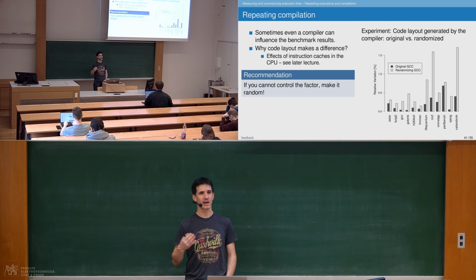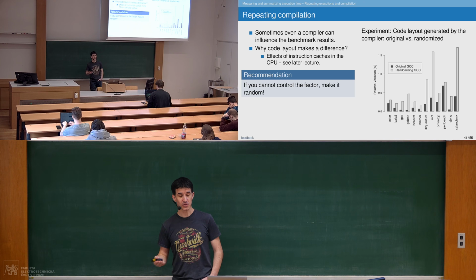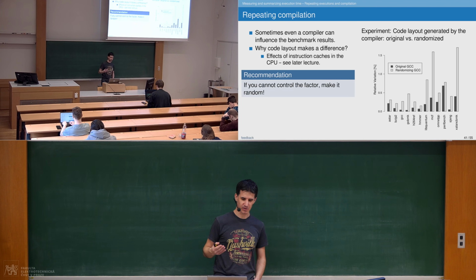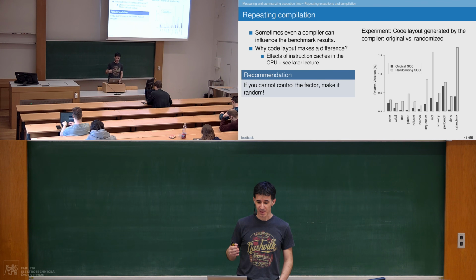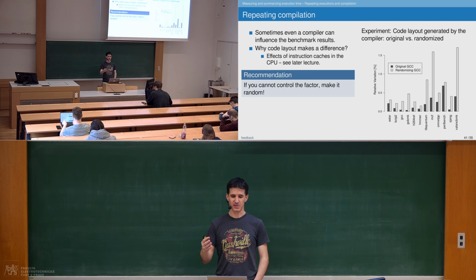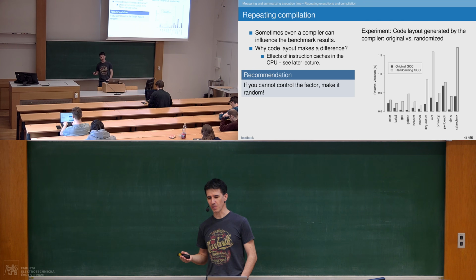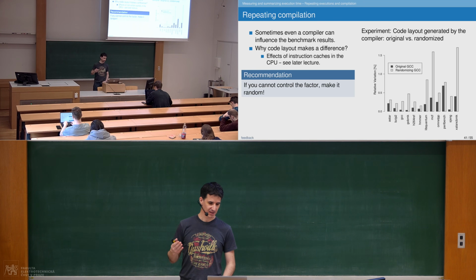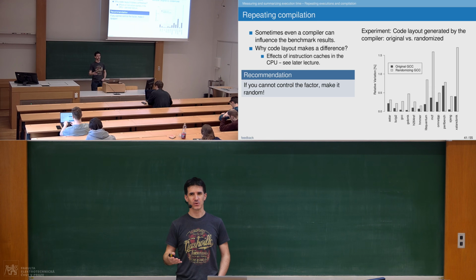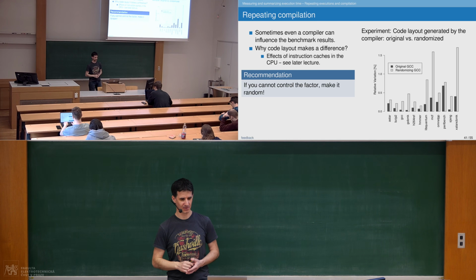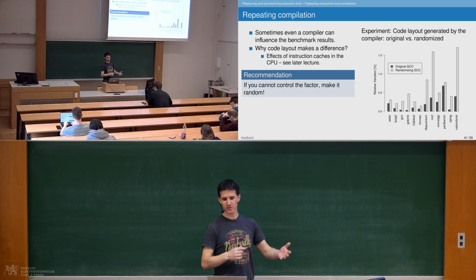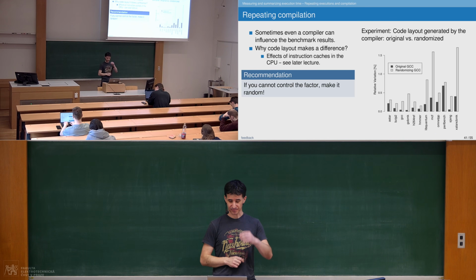So if you use profile guided optimization, you have a non-deterministic compiler, which means that you should repeat your experiments also for different recompilations of your program to be sure that you are not just lucky that your compiler just had a good day and optimized your code efficiently.